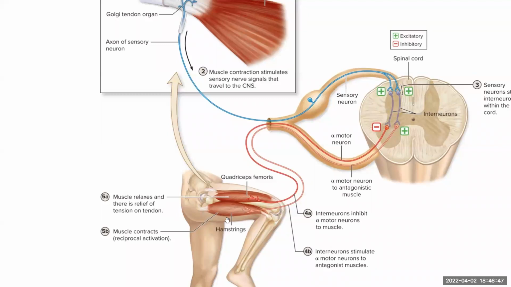And so when we're stimulating the antagonist muscle group, that's called reciprocal activation. When we were talking about the stretch reflex, when we're dealing with the antagonistic muscle group, we were going to inhibit them. So that is referred to as reciprocal inhibition. And that's the stretch reflex, where we have reciprocal inhibition.